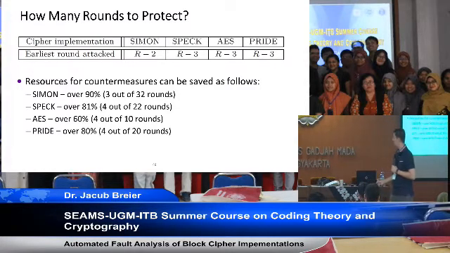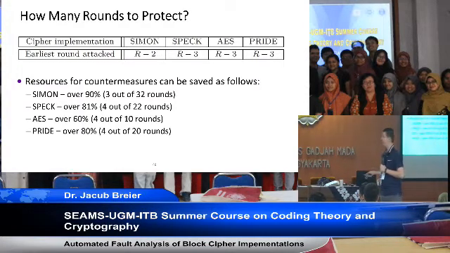So for example, for Simon, which has 32 rounds, we can only find the attack on the nodes which are in the last 3 rounds. So this means we can actually save over 90% of resources compared to duplicating the entire circuit.